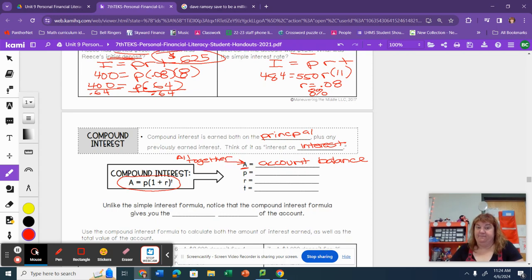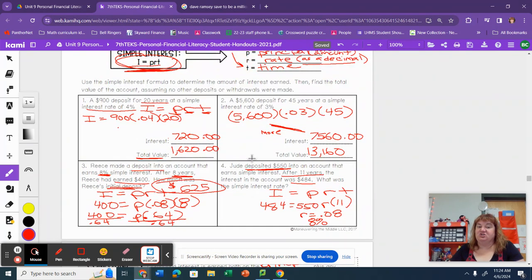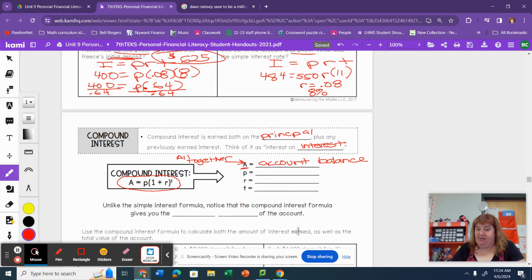Remember up here, we had to do the interest and then add the interest to the initial amount to get the total, the all together. Well, when you use this formula, it gives you the all together. You're not just finding out the interest, you're finding out the initial and everything together.